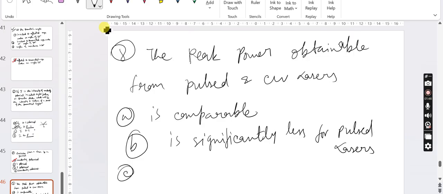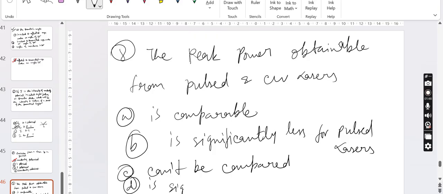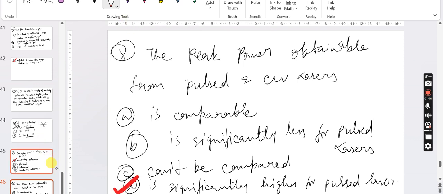C, can't be compared. D, is significantly higher for pulsed laser. As I have discussed earlier, pulsed laser peaks are very high compared to CW laser. So basically, this is the answer.